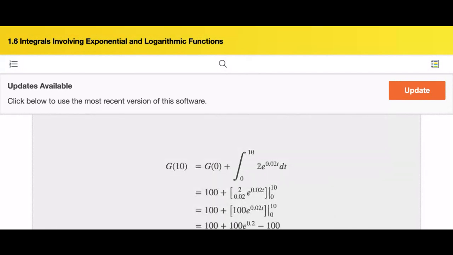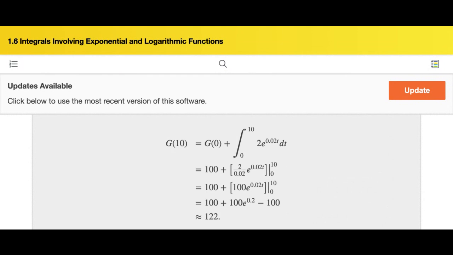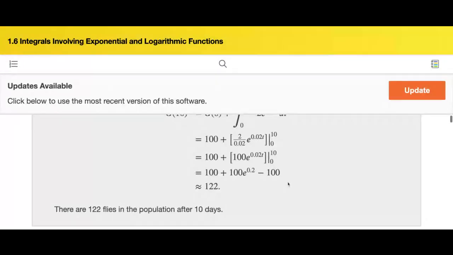Then from 0 to 10, we anti-differentiate the lowercase g of t. After doing that, we get 2 divided by 0.02 times e to the power 0.02t. Then we evaluate from 0 to 10. In the end, we get 100 plus 100 e raised to 0.2 minus 100.